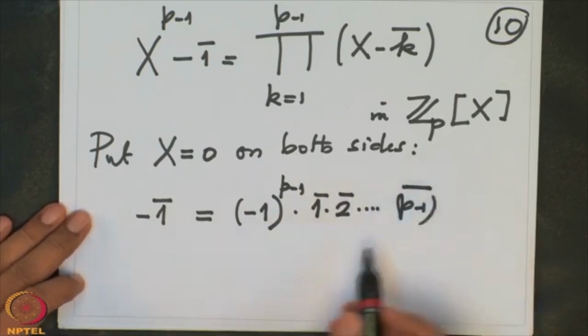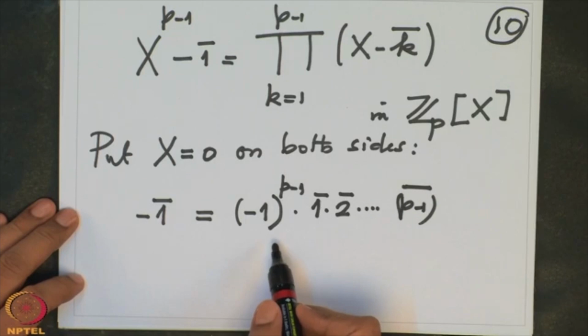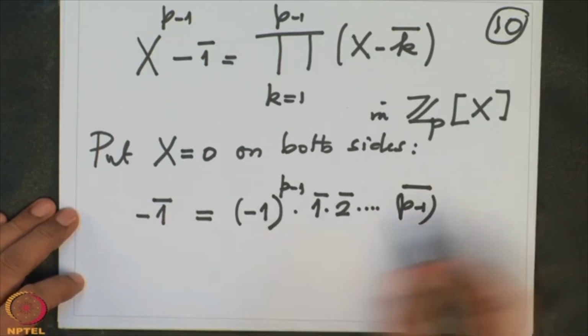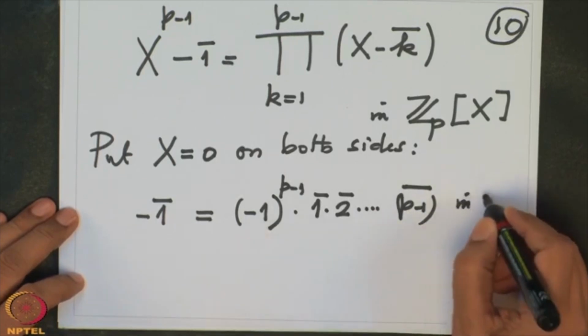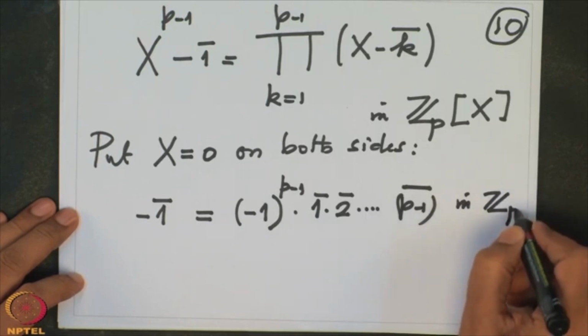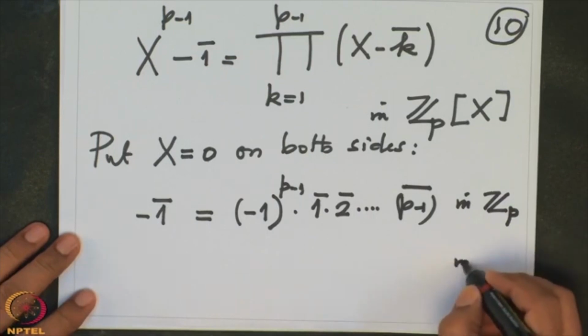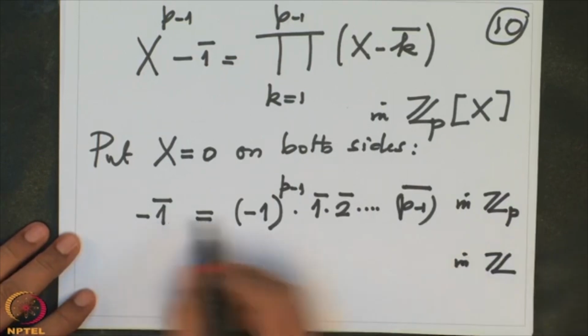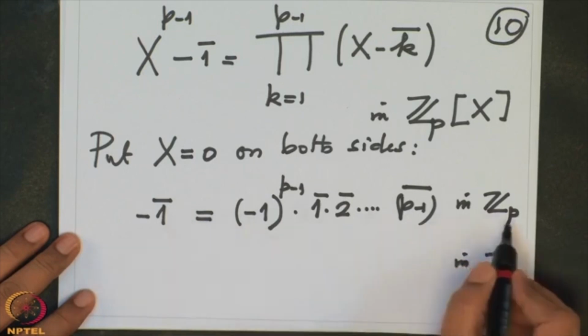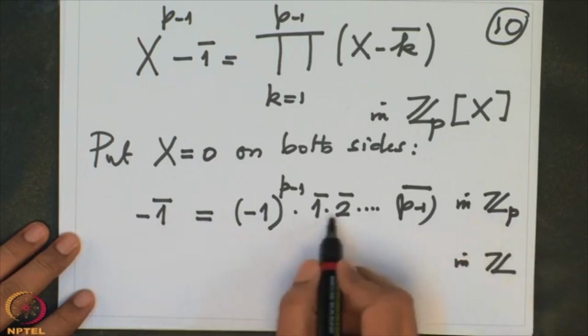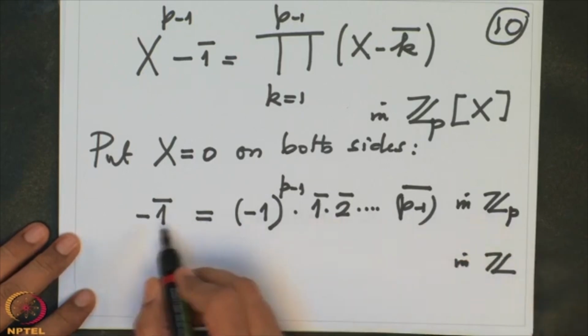But this is an equation in Z mod p. Now I want to write the equation in Z. Two numbers are equal in Z mod p means they are equal modulo p.